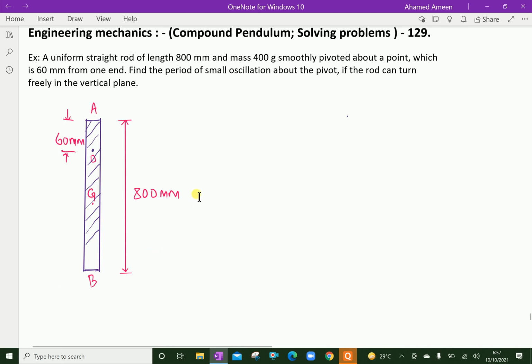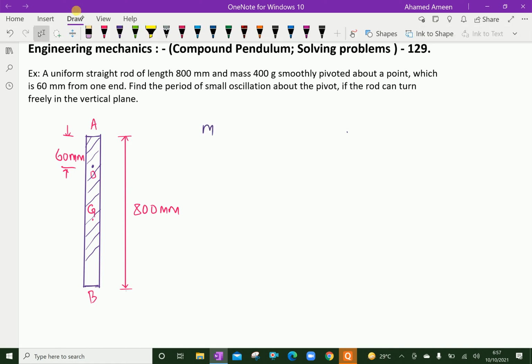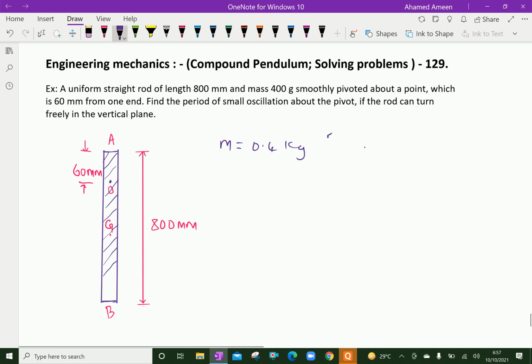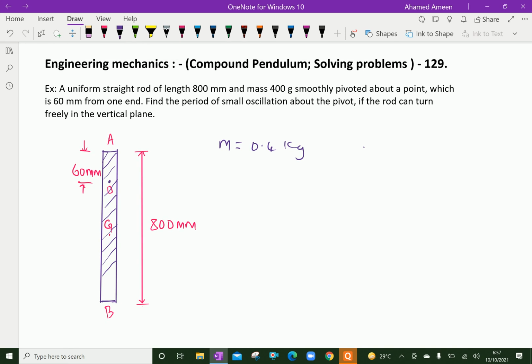Now the given things: mass of the rod M equal 0.4 kg. Length L equal 800 mm, which is equal 0.8 meter.